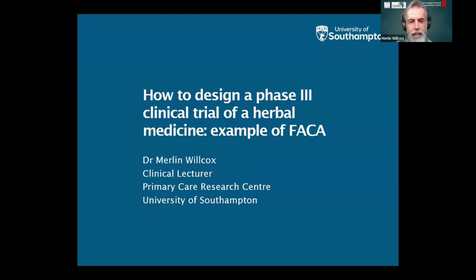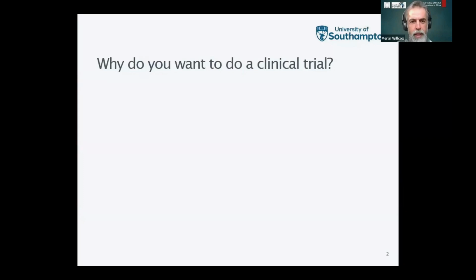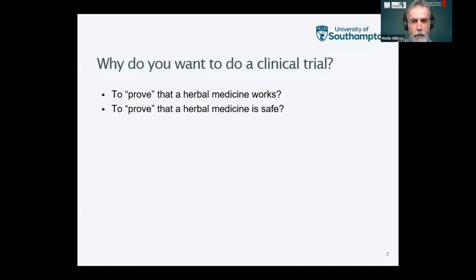So I'm just going to take you through really some principles of how we did that, which hopefully will be useful for you. So the first thing to think about is, why do you want to do a clinical trial? And there could be several reasons. Maybe you want to prove that a herbal medicine works, or that it's safe, or maybe you want to prove that it doesn't work.